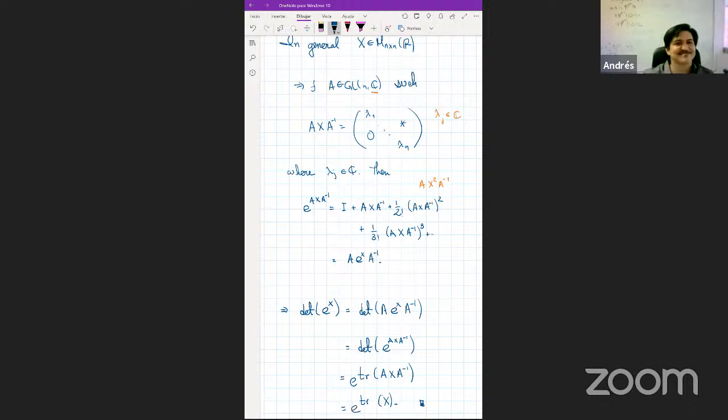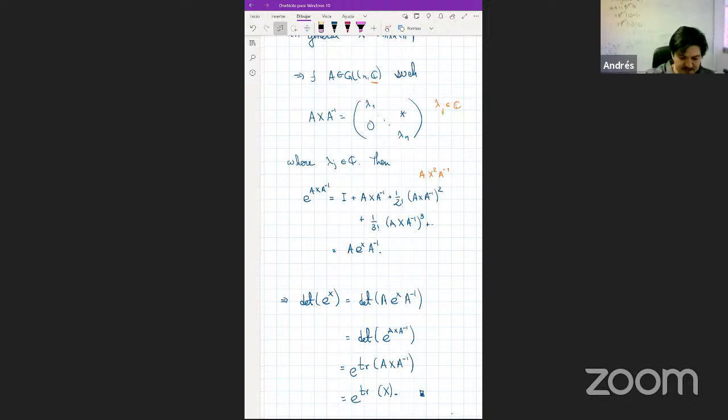Like this. Yes. Right. So here for this equality, we are using what we proved for the case of an upper triangular matrix, right? Because we have this. And now the trace, one property of the trace is that it is invariant under conjugation.